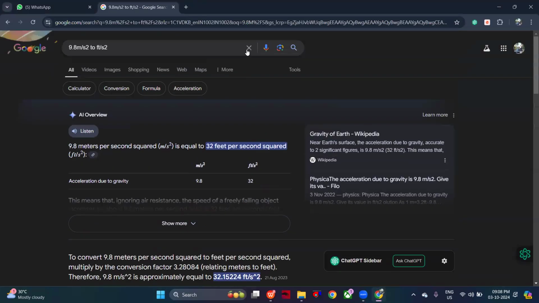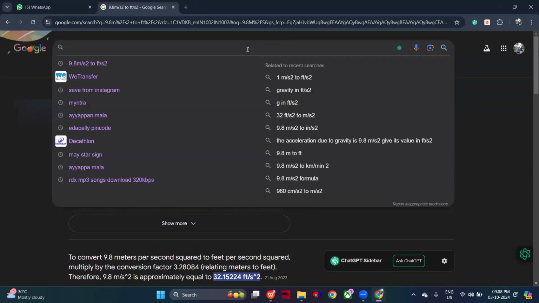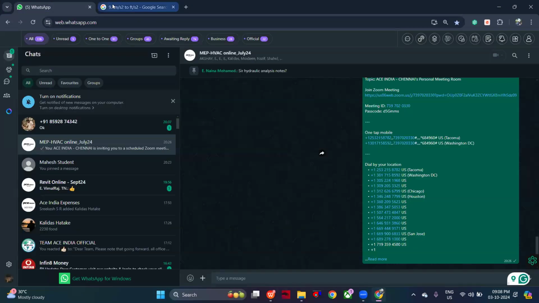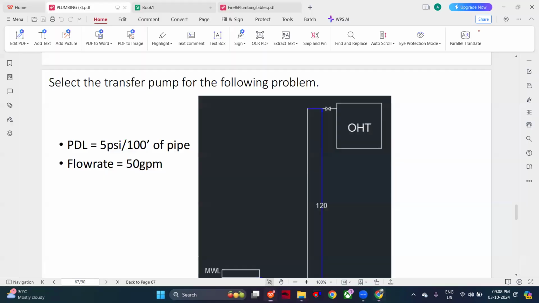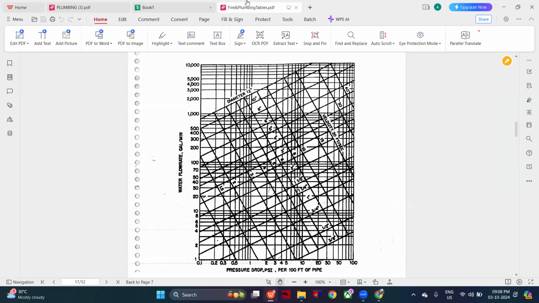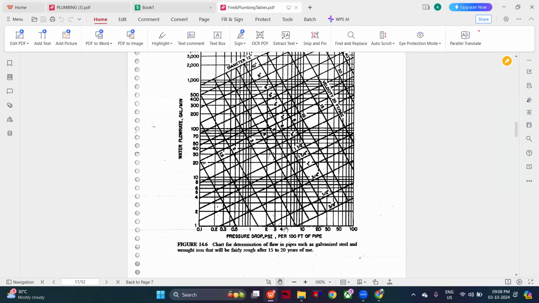Before that, we have to find out the pipe size. So 50 GPM and 5 psi, this is the point. That means a 2-inch pipe.